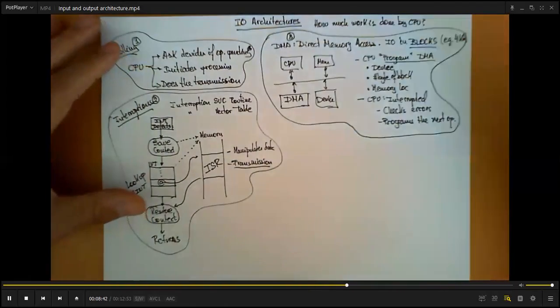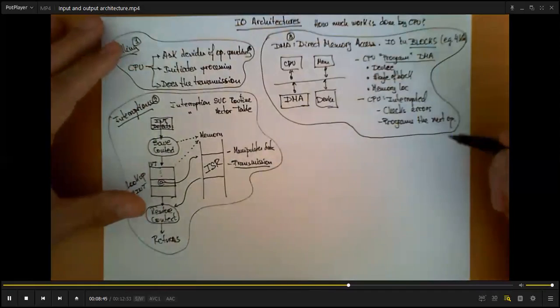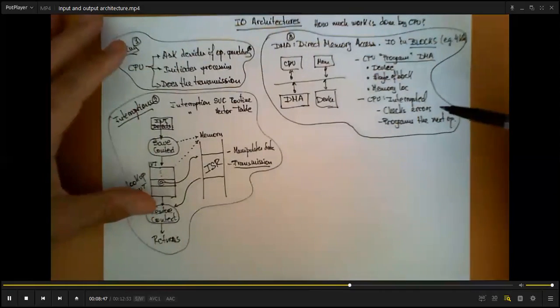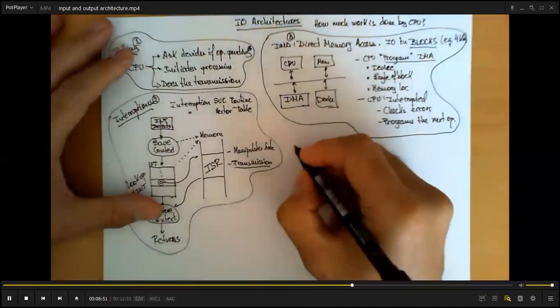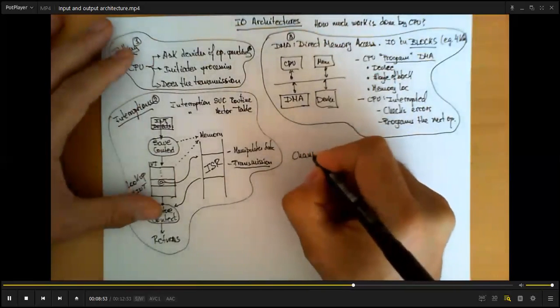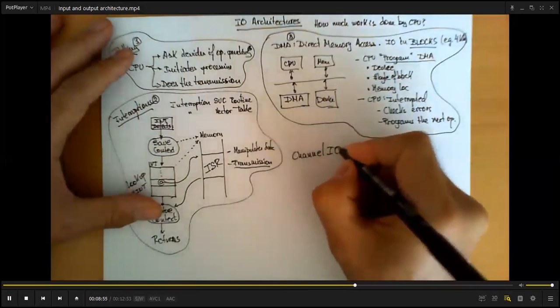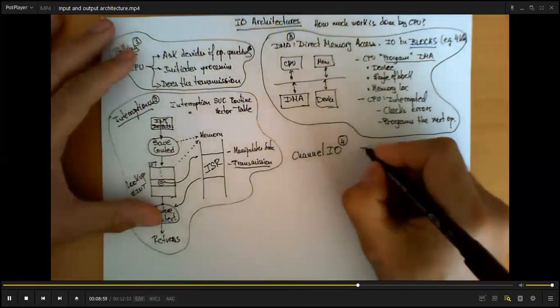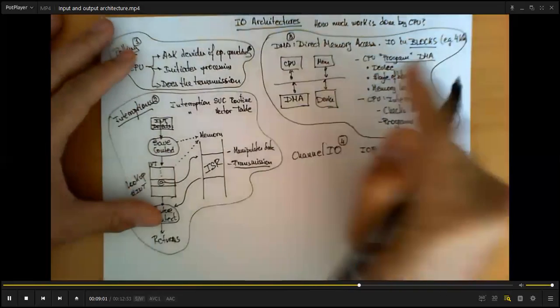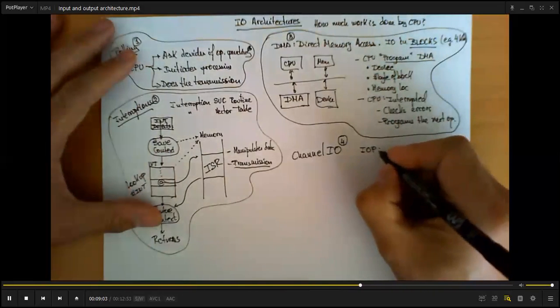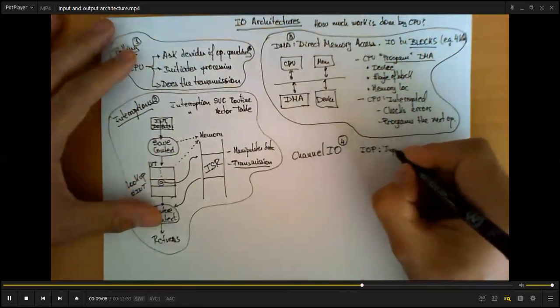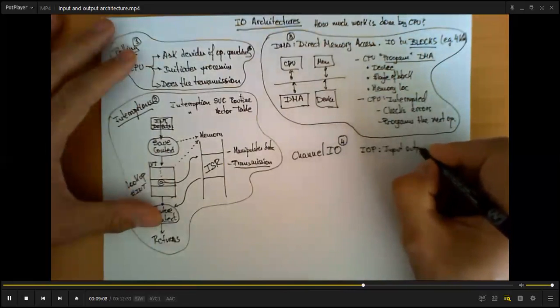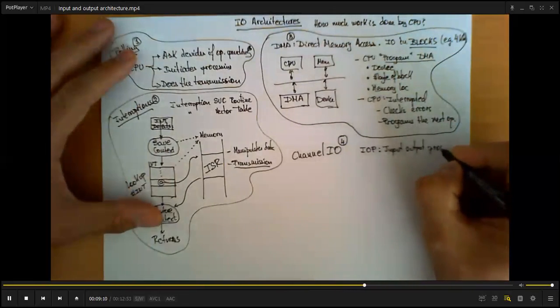And the next step is to evolve even further on the type of computation that occurs without the intervention of the CPU, and this strategy is called channel input output. This would be strategy number 4, and it's based on one circuit which is much more sophisticated than the DMA, which is called the IOP, or input output processor.